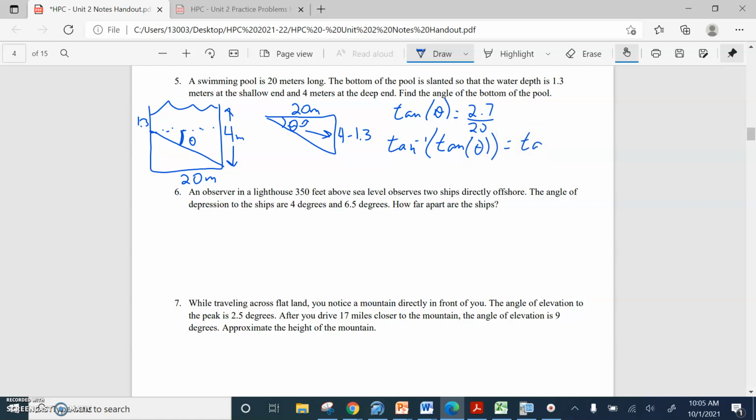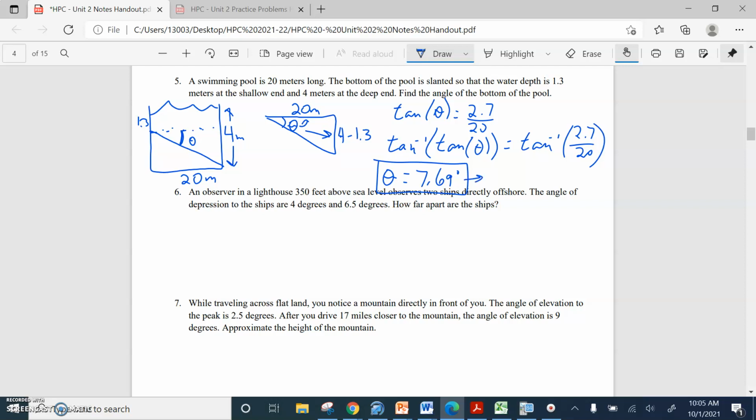What we do to one side, we do to the other. And we find theta is equal to 7.69. As long as we have labeled that correctly in our diagram, we can call that good. Find the angle of the bottom of the pool.